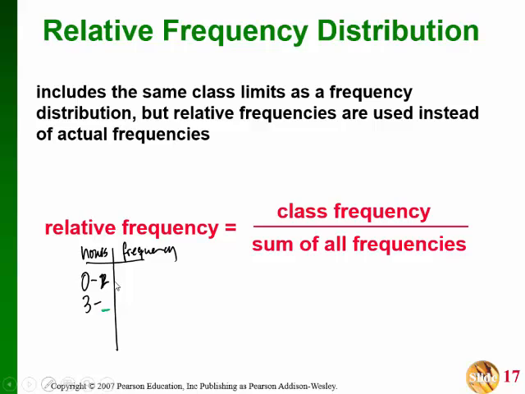It's either 2 or 3, right? The class width is either the difference between these two, or the difference between these two. And the correct answer is the class width is going to be the difference between 2 consecutive lower class limits or upper class limits. So the class width is 3.